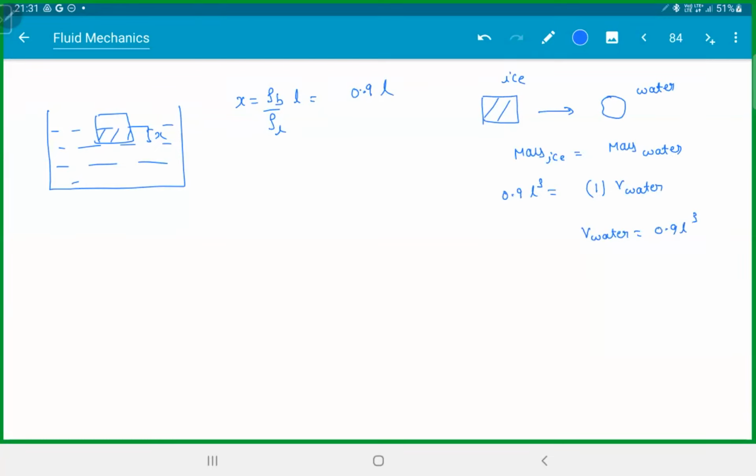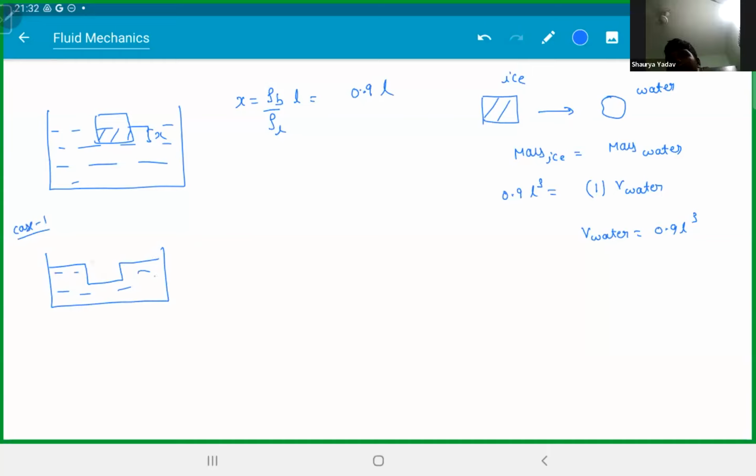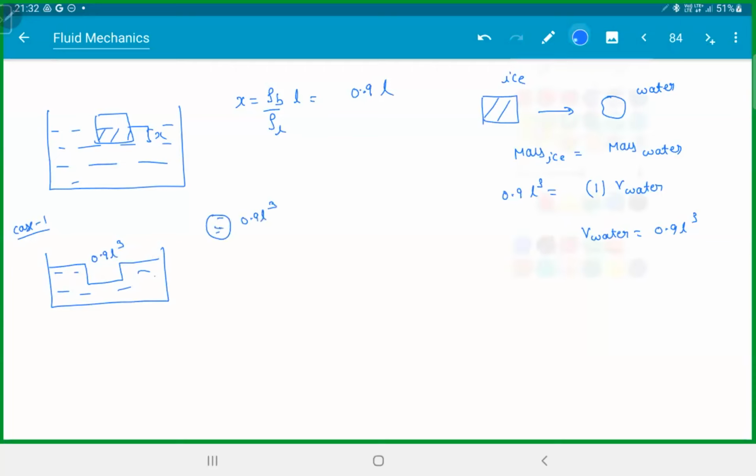You don't get L cube of water, you get less. Now see what happens. If you remove that ice block from there, you get a cavity, no? What is the space of this cavity? 0.9 L cube. How much water do you have? 0.9 L cube. So if I take this and put it in the cavity, it will exactly fill, no? So there's no change.